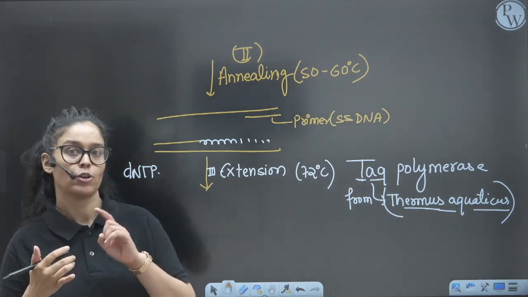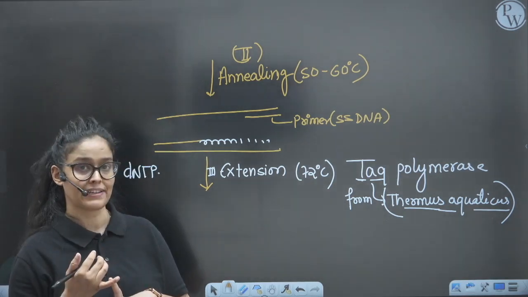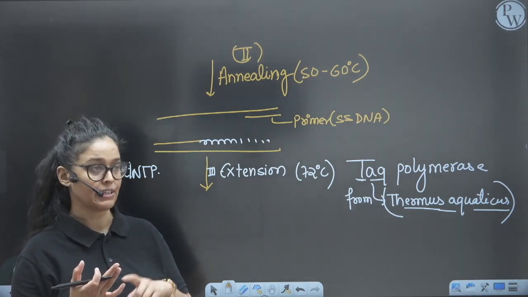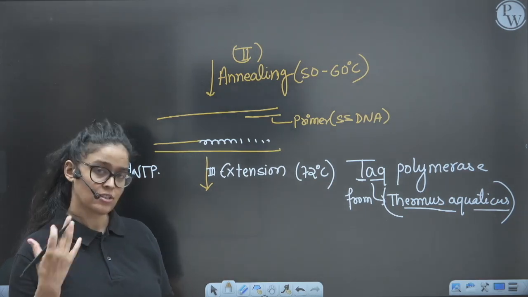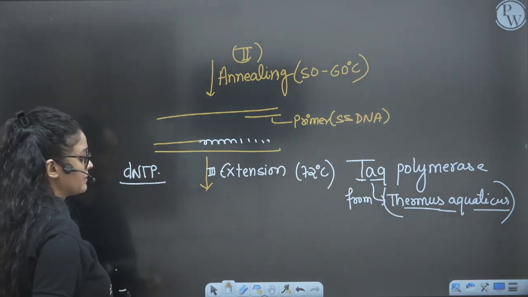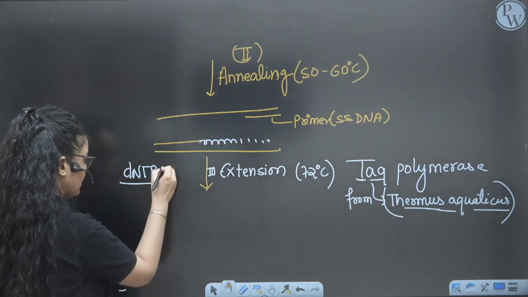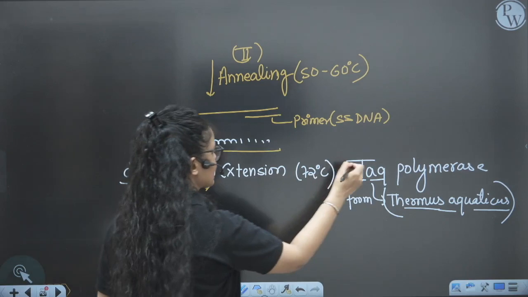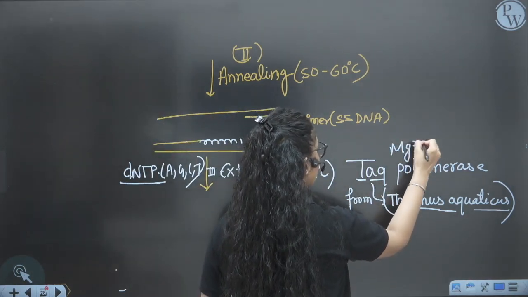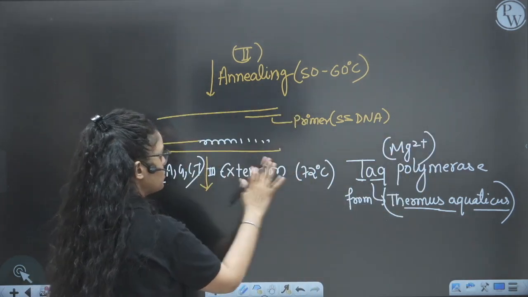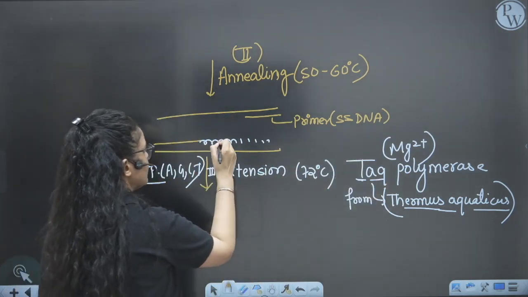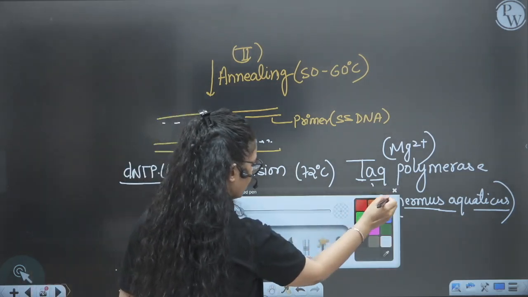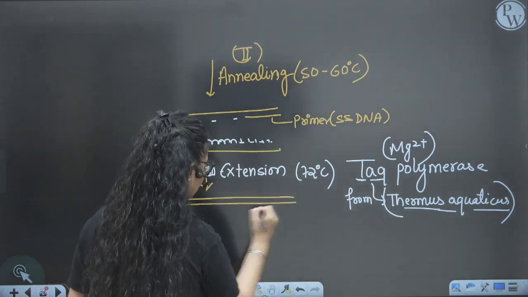We require all types of deoxynucleotide triphosphate, with adenine, guanine, cytosine, and thymine. And this enzyme also requires magnesium ion as a cofactor. After using all these things, we will add the complementary nucleotides here, and finally we will get our replicated copy.